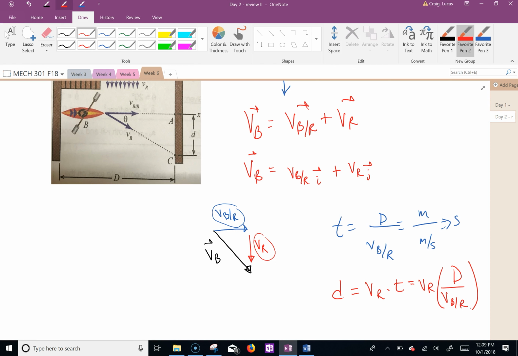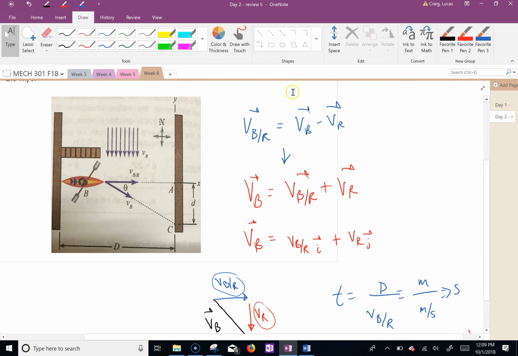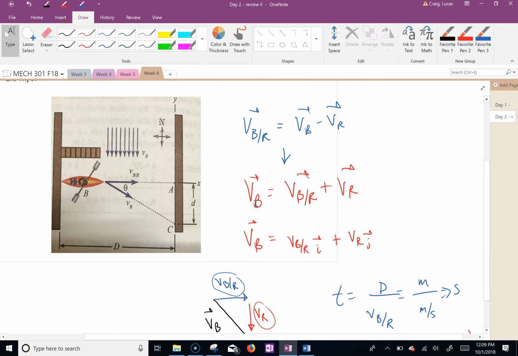The biggest thing to always remember in this case is your fundamental relative velocity equation. Then over here on the left, identify how your vectors are going. VR is going straight down.